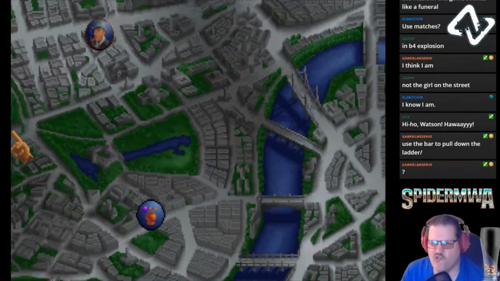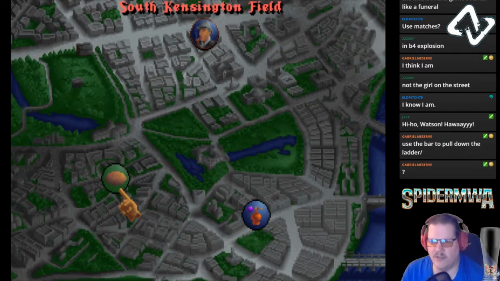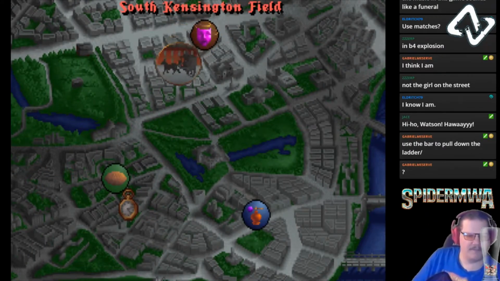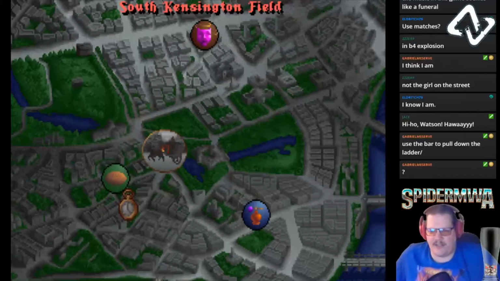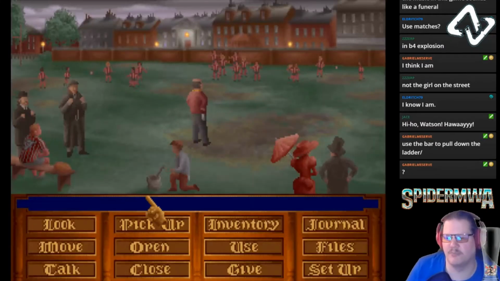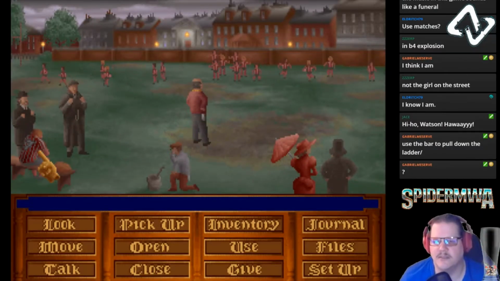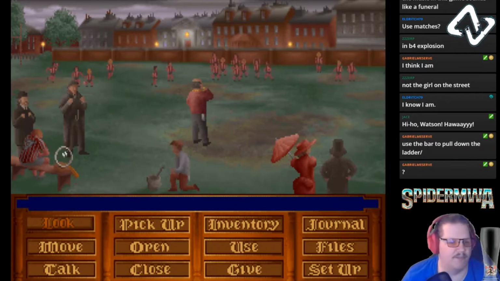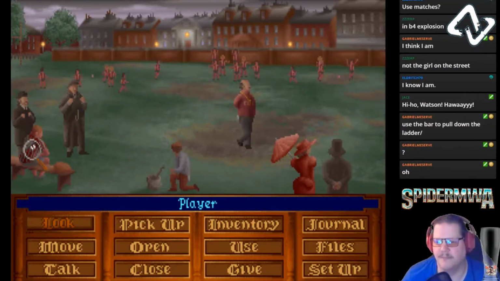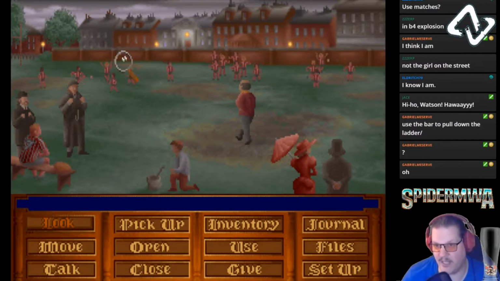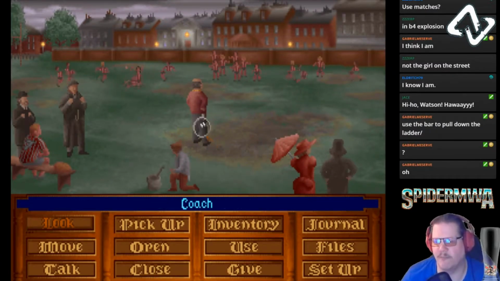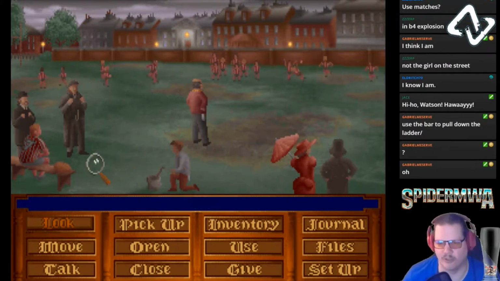I think I'll go to the Kensington Field first. I can't do anything with the ladder. It's not a usable object. Otherwise, I would have done it in the first place, Gabriel. I mean, that's why I keep using the look. Because once you can look at something, you can do something with it.